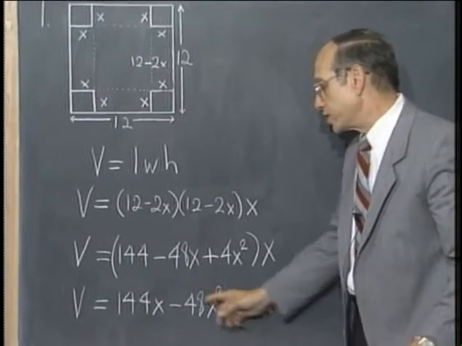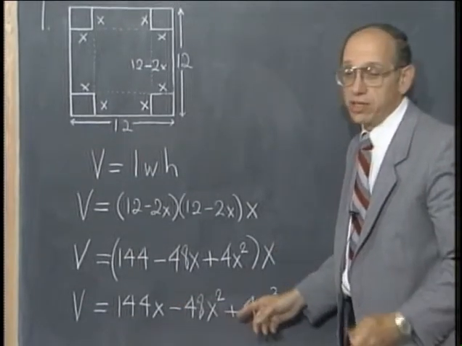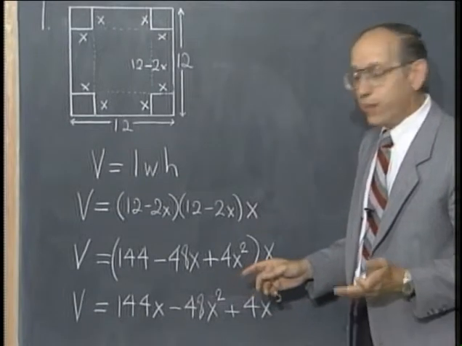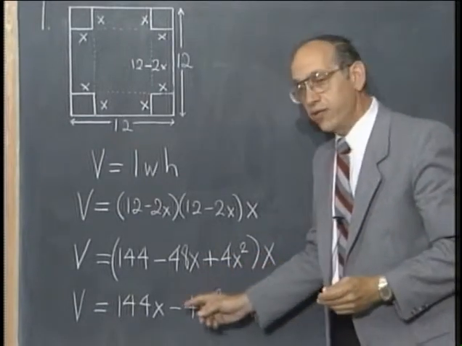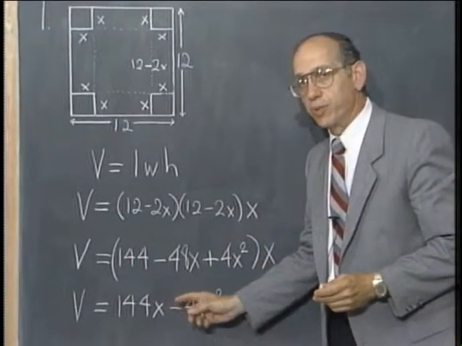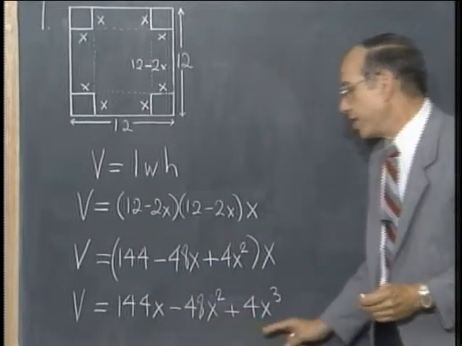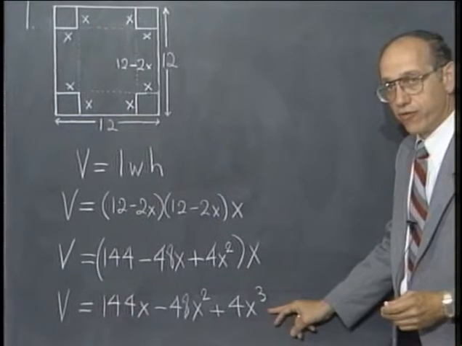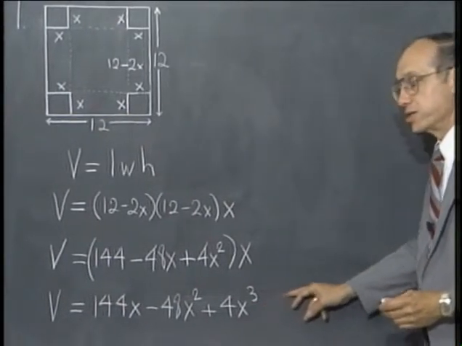If I wanted to, I could start substituting values of x and see what the possible values of V are. But I'm not going to do that. I'm going to go directly for the critical point, the place where the volume is maximum. In order to do that, I want to take the derivative of V with respect to x.